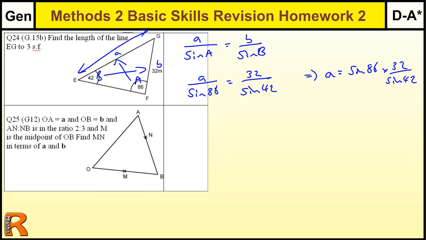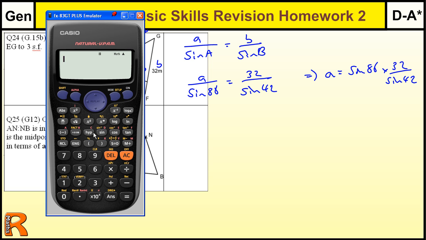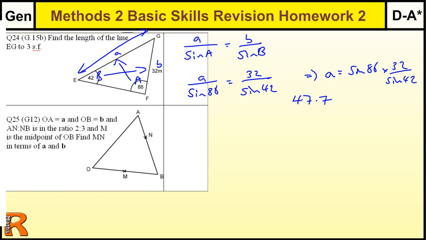So bring the calculator in. Sine 86 times 32 over the sine of 42. And that's equal to 47.7 to 3 significant figures, which is what we want.